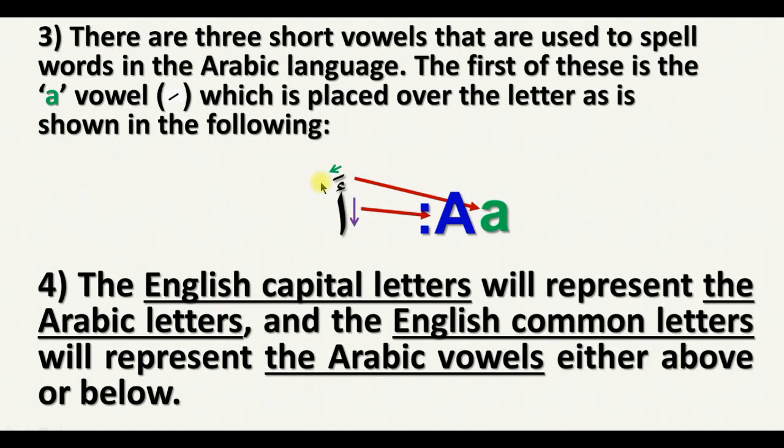So the English capital letters will represent Arabic letters, and the English common letters will represent Arabic vowels, either above or below. Also, the English capital letters will be in blue color, while the English common letters will be in green color.